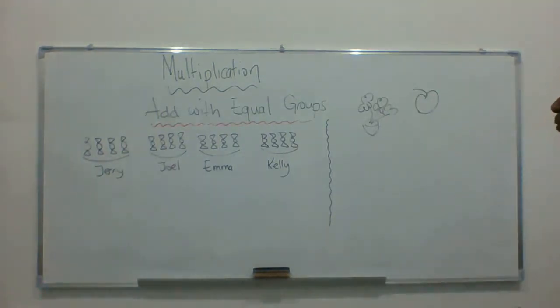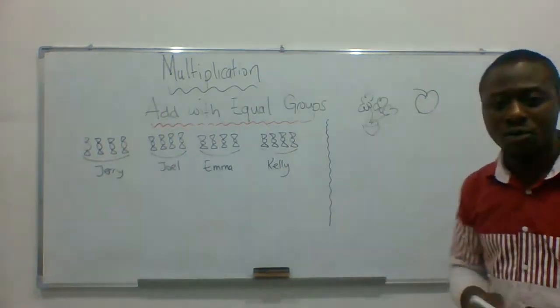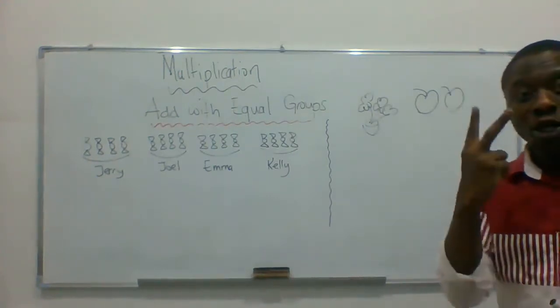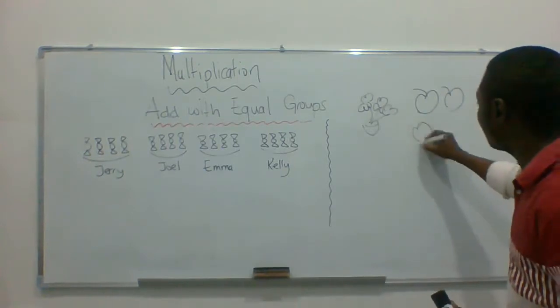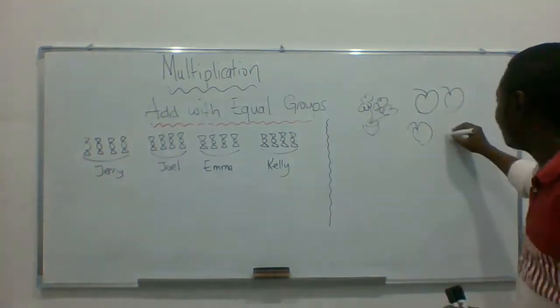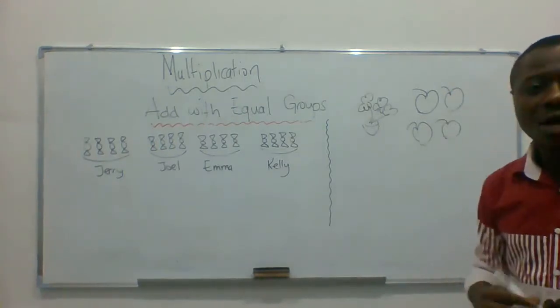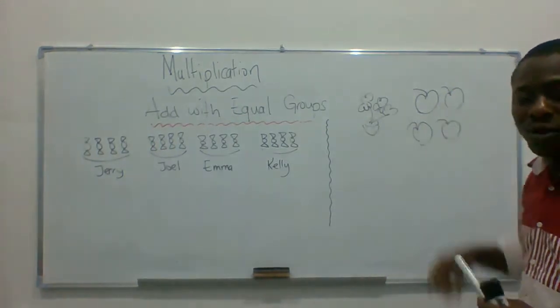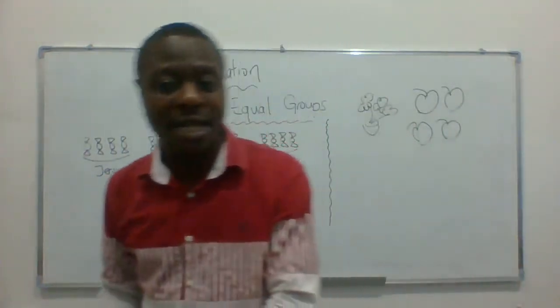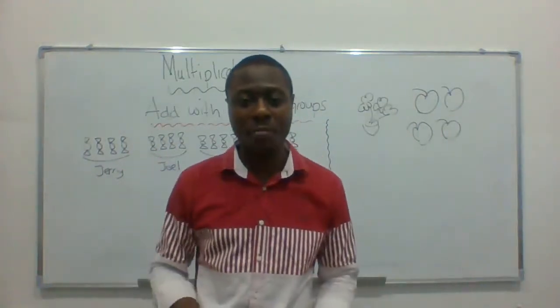No, that's not a group of tomatoes because there's just one tomato. But if I add another tomato, that's now a group because there are two. If I add another tomato, that's a group because there are three tomatoes. If I add another tomato, yes, all these are a group. This is a group of tomatoes. I can keep adding more tomatoes, and it's going to keep being a group.